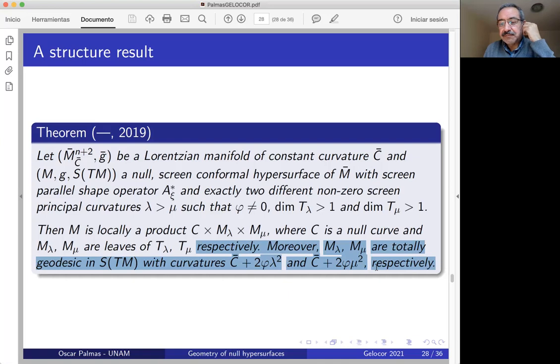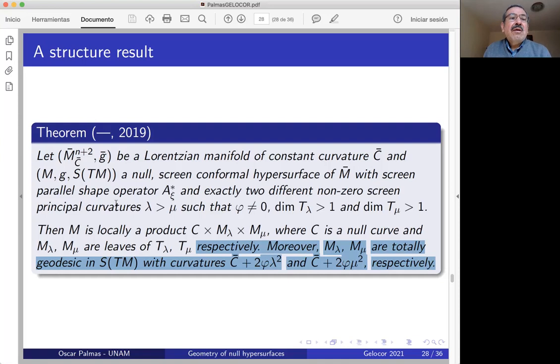So this kind of null hypersurface with screen parallel shape operator has a nice geometric structure. Okay.